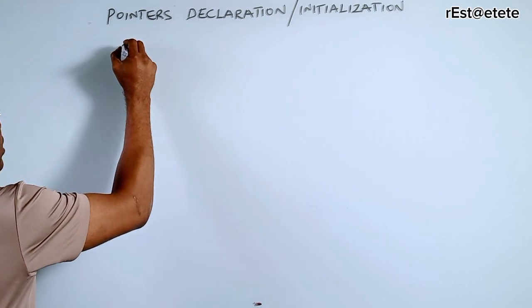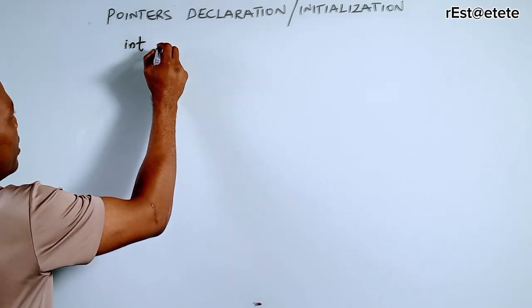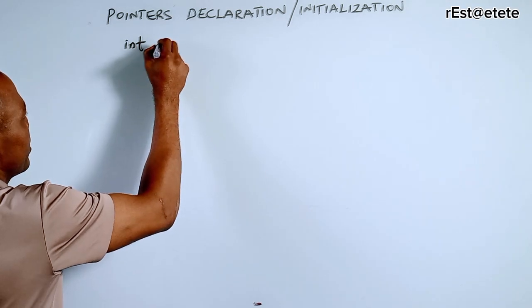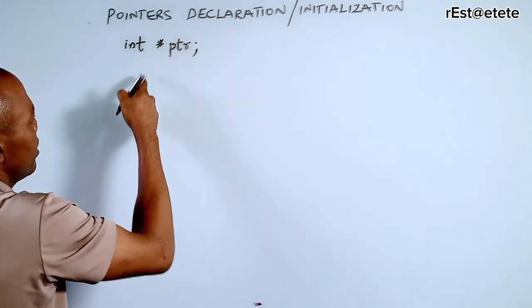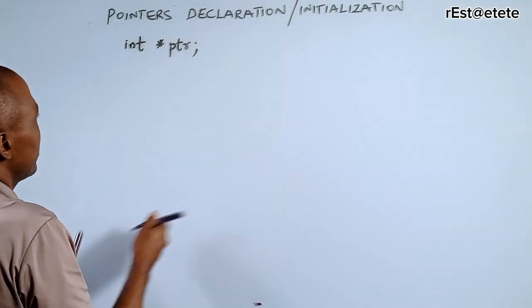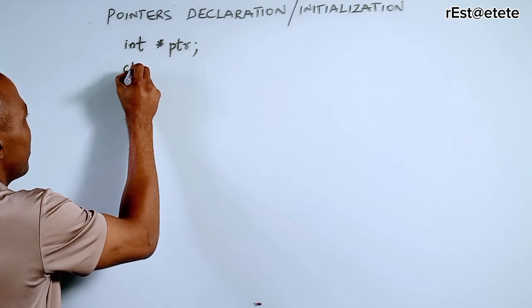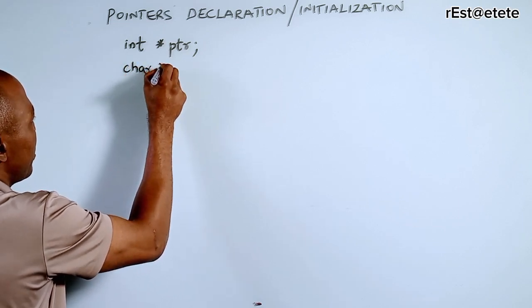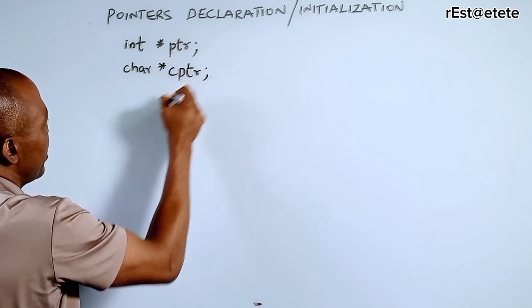So the first one is what? I will say int ptr, right? So this is an integer pointer. Then we can say char, so this one is a character pointer.